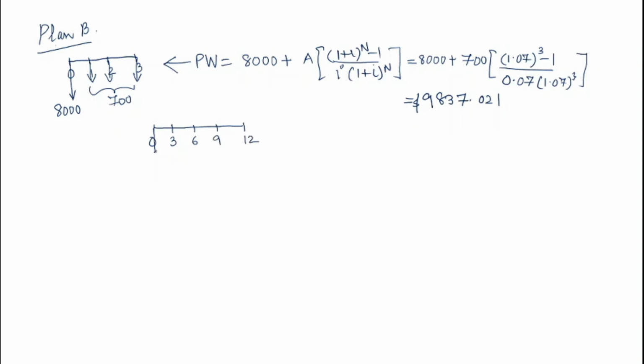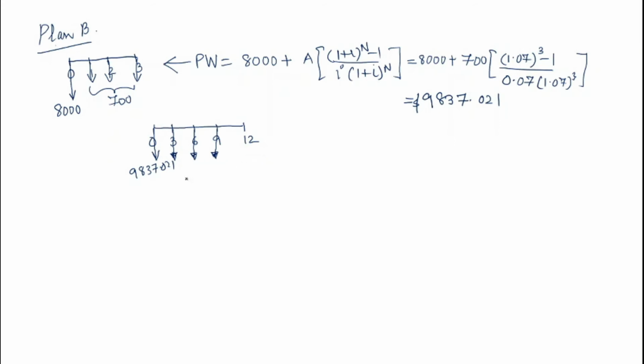One we have already calculated, this is 9837.021, and the same transaction will appear here at the end of year 3, again at the end of year 6, and again at the end of year 9, not at 12, because whatever is happening here, the present worth will be calculated at this point of time.